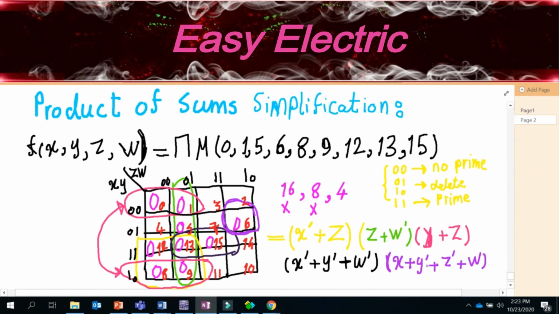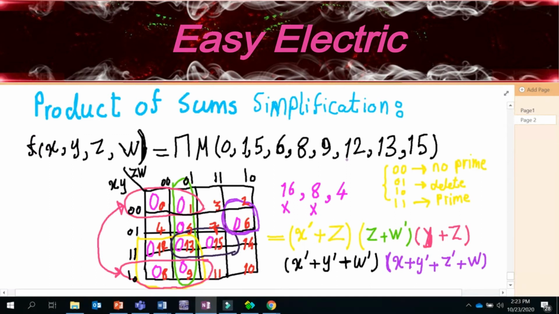So that shows the difference whenever your function is based on the product of the max terms. If it's based on the product of the max terms, the simplest form that the K-map gives you is in the form of a product of the sums.